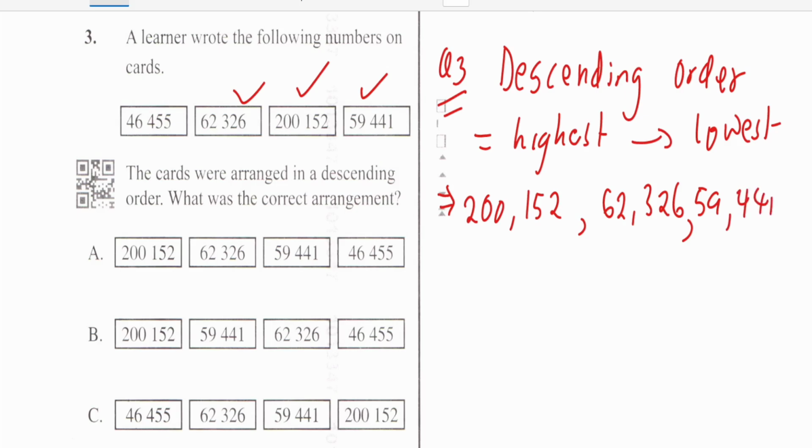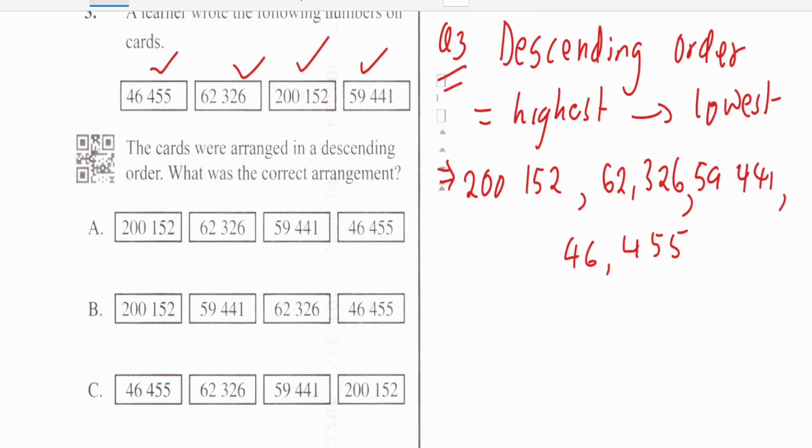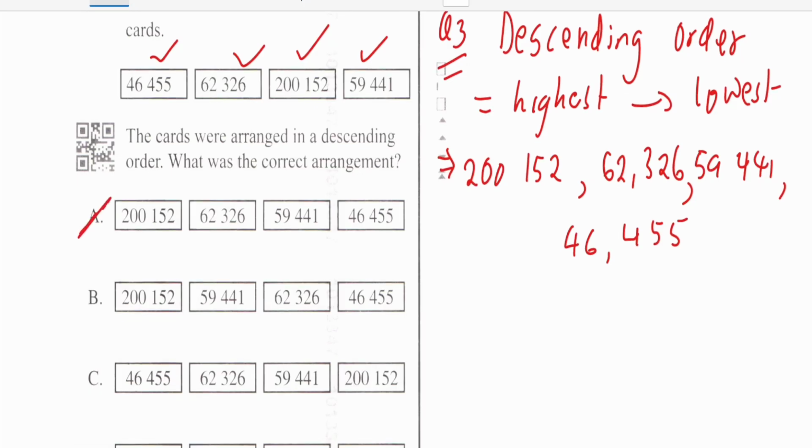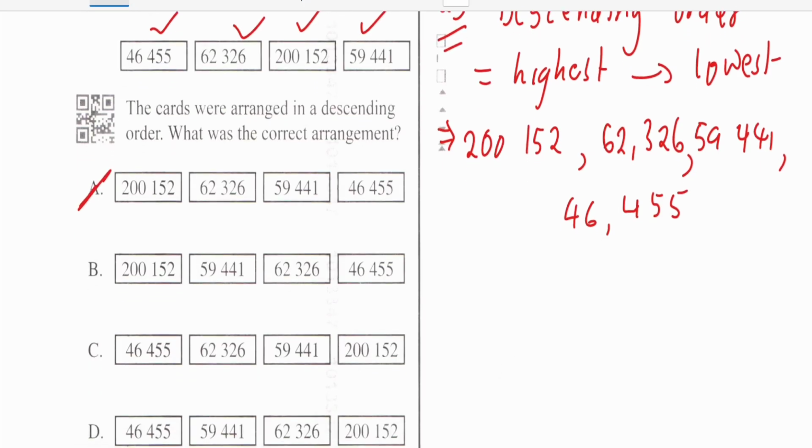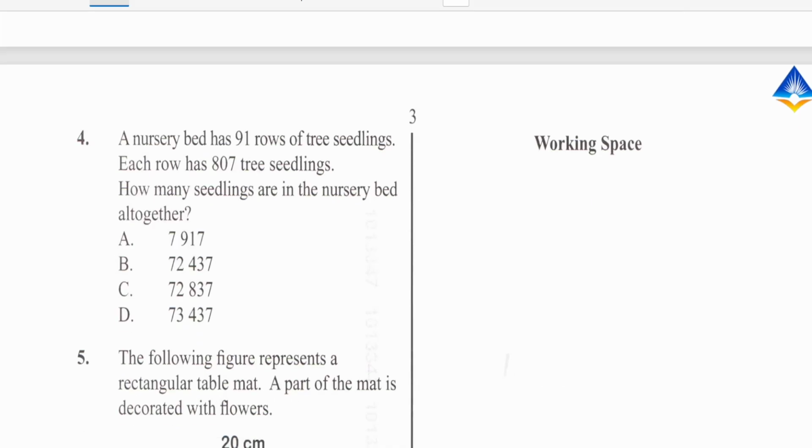Let me avoid writing this way because of the commas. And then we have, last but not least, 46,455. So those are 4 numbers. And the answer is given there, which is this one. So that's the correct arrangement. Let's continue to the other question.